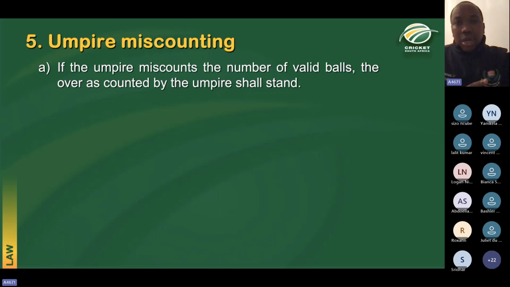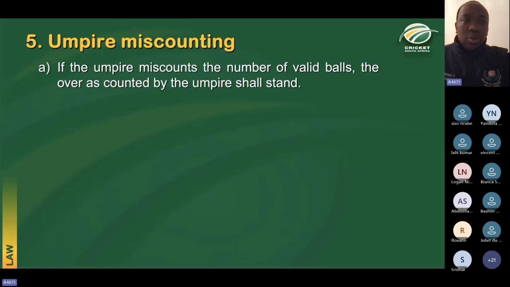And we cannot correct it if the new over has started by the run-up of the next bowler. Similarly, if we allow 7 deliveries to be bowled and runs are scored off the 7th delivery, or a wicket falls in the 7th delivery of the over, those runs or that wicket will stand.